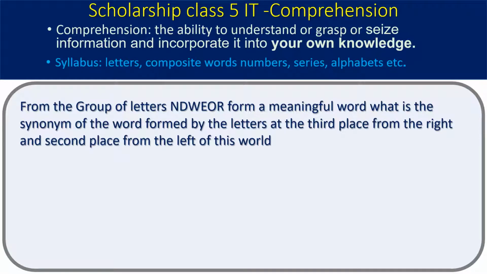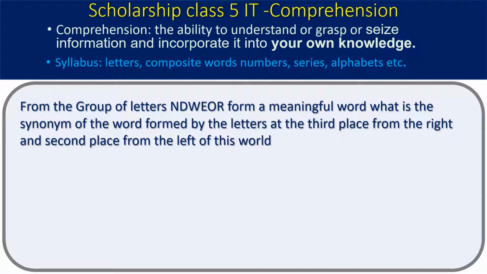Here is another question. From the group of letters N, D, W, E, O, R, form a meaningful word. What is the synonym of the word formed by the letter at the third place from the right and the second place from the left of this word?